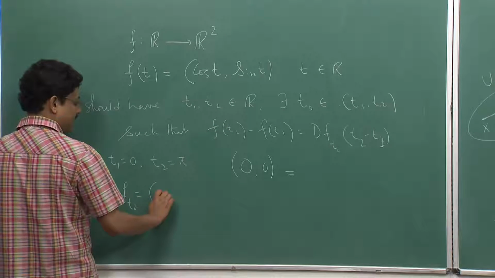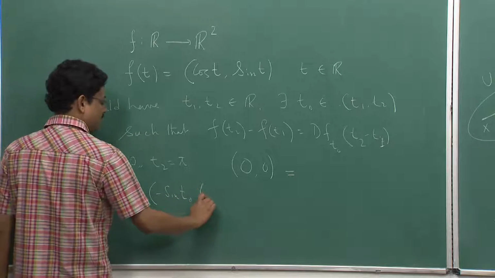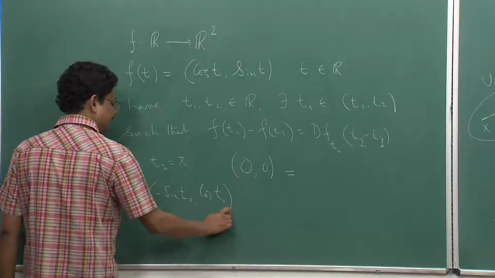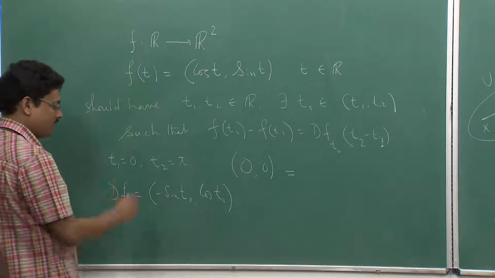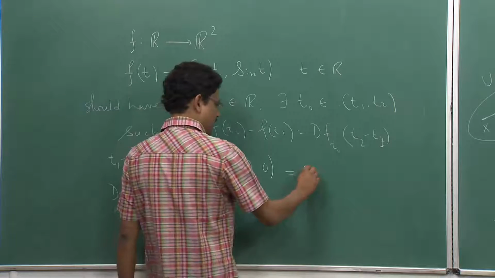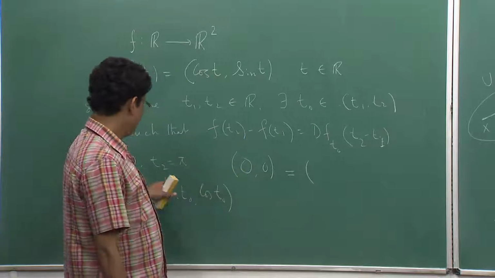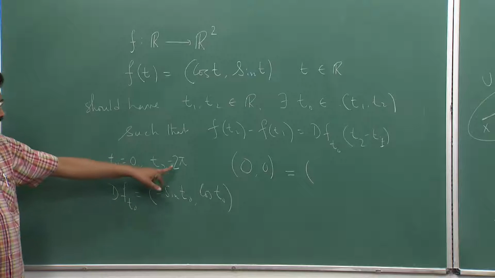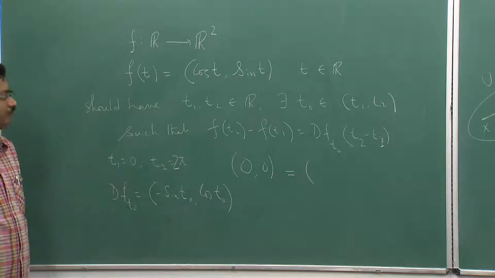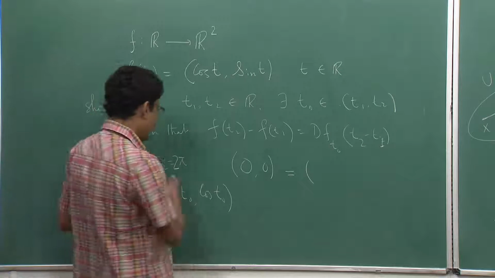This is very easy, minus sin T naught, cos T naught, right, and T2 minus T1 is 2 pi minus 0, which is 2 pi.